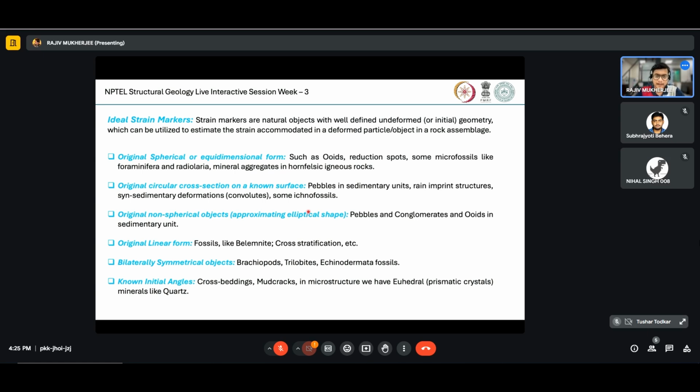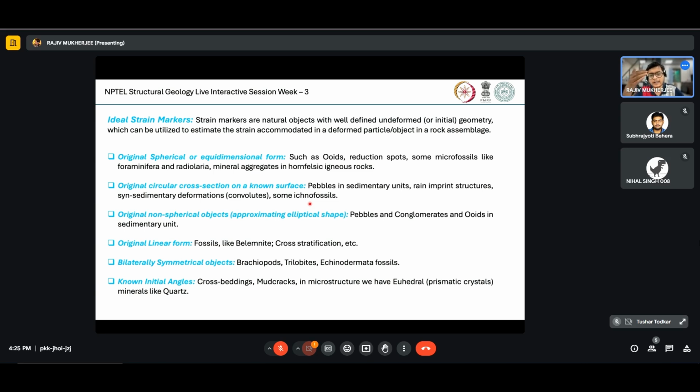Now ichnofossils are interesting things because ichnofossils are basically some structures like burrows or any kind of footprints or any kind of imprints left by the animals like tracks. So these kind of things are also preserved in sedimentary units, and they also have some preferential directions. Like when an animal is digging a burrow, it will always dig the burrow in vertical direction.